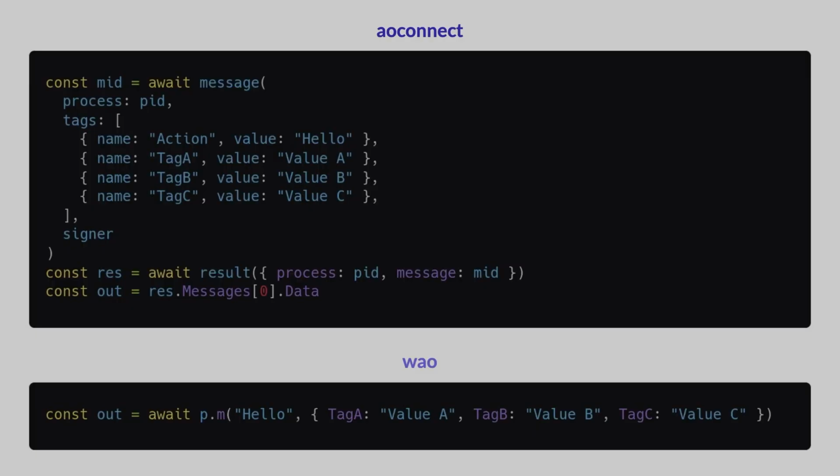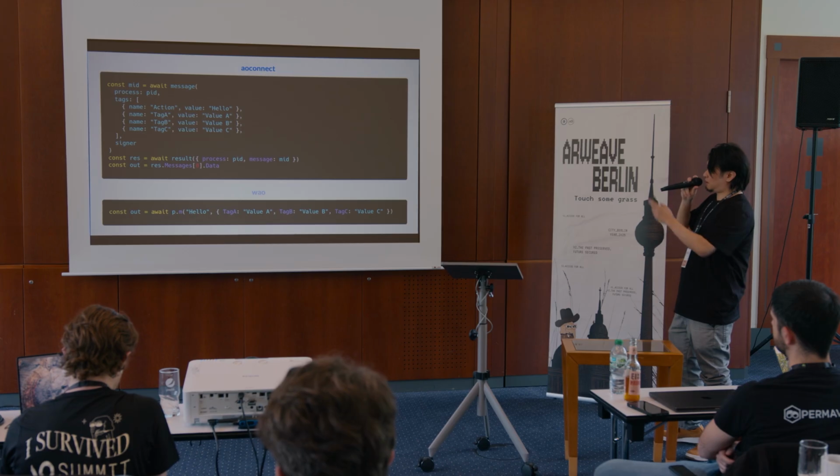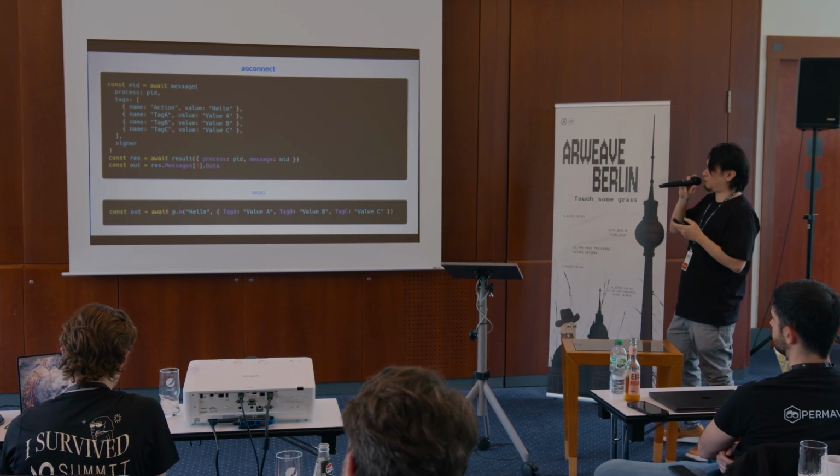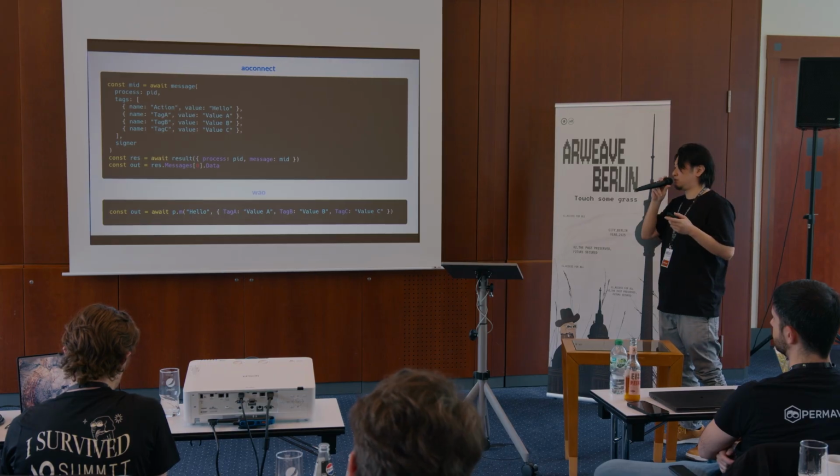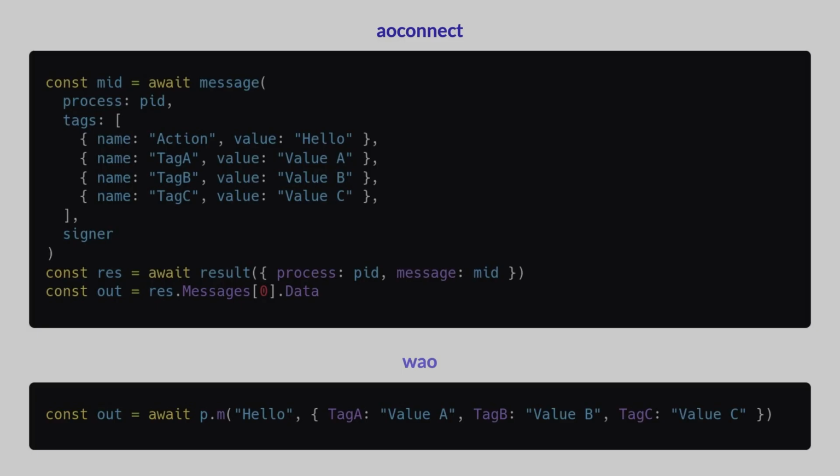What WOW does is basically 3 things. Firstly, WOW makes your code base very, very concise and small. The upper black box is how you would write with AO Connect to send a message, receive the result, and pick data from one of the messages returned by the result.